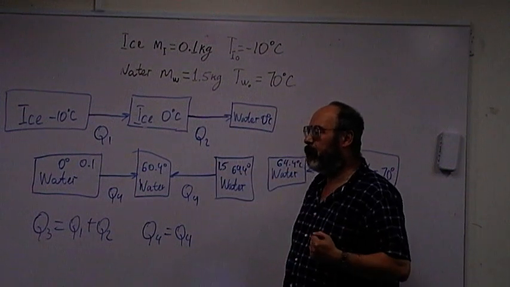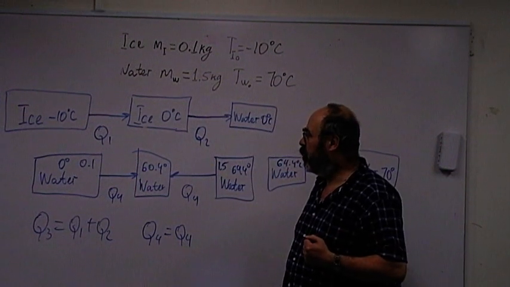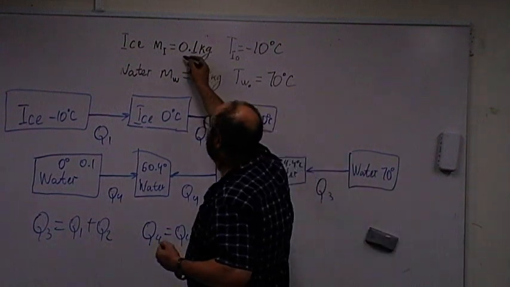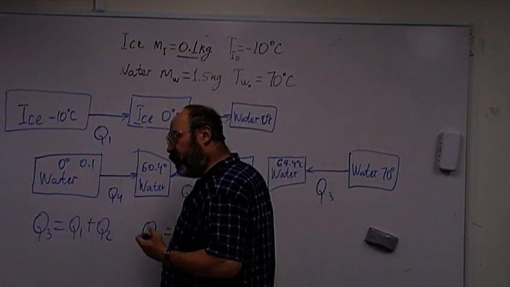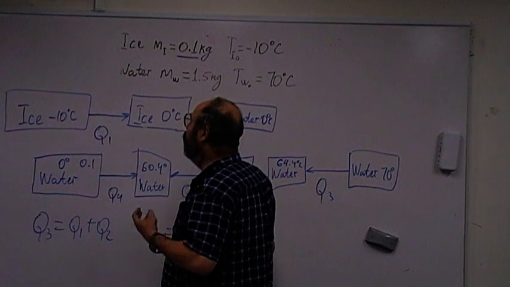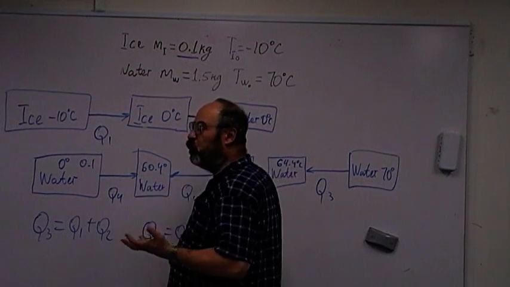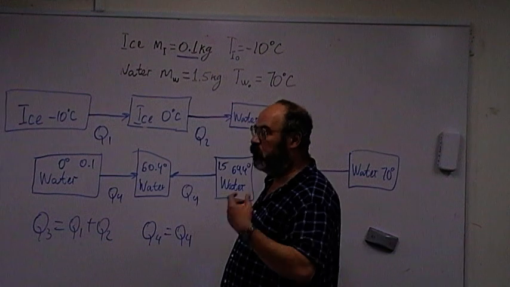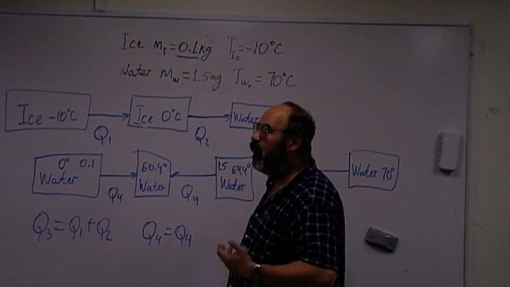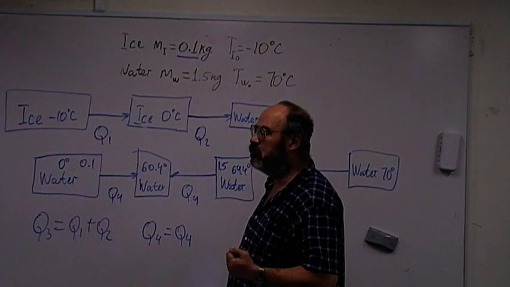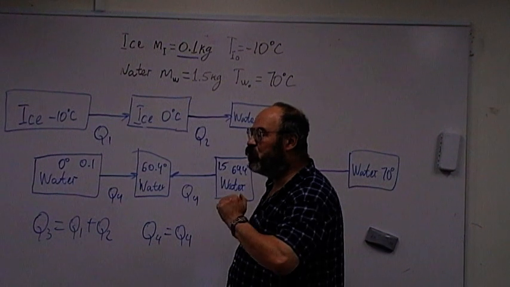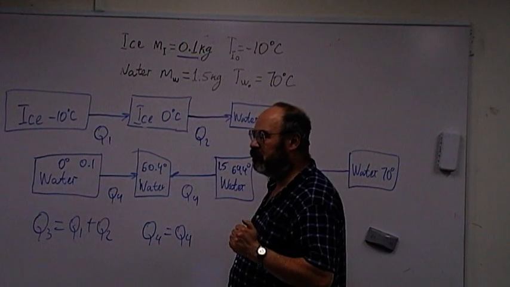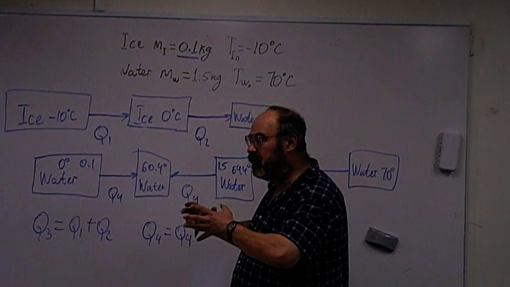Yes? How do we know the mass of the final water? If you have 100 grams or 0.1 kilogram of ice, it will turn into 100 grams of water. It doesn't change. Volume changes, but not the mass.